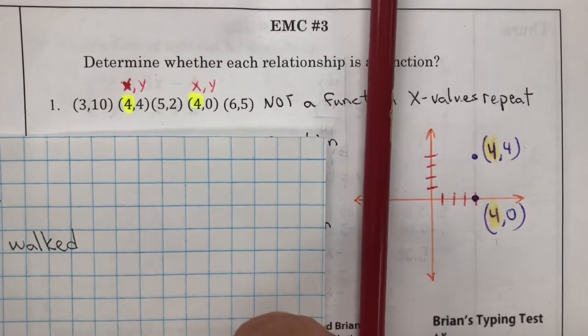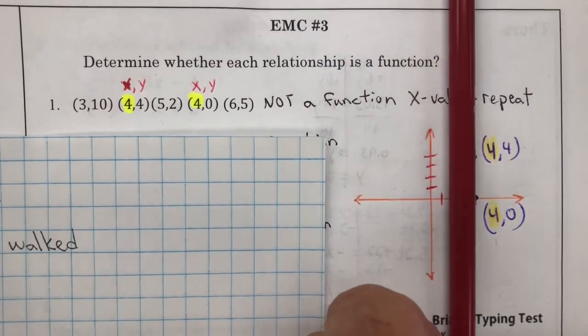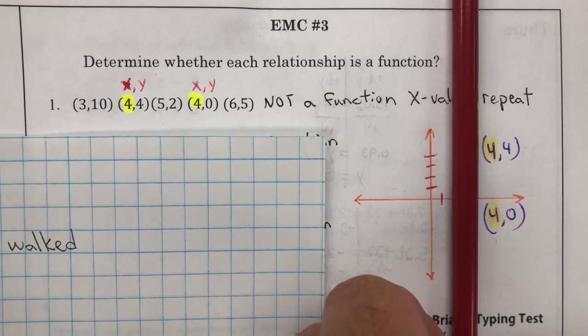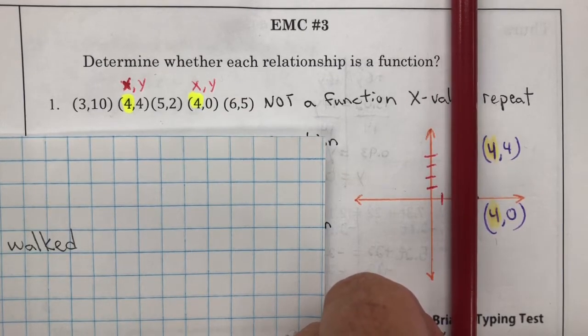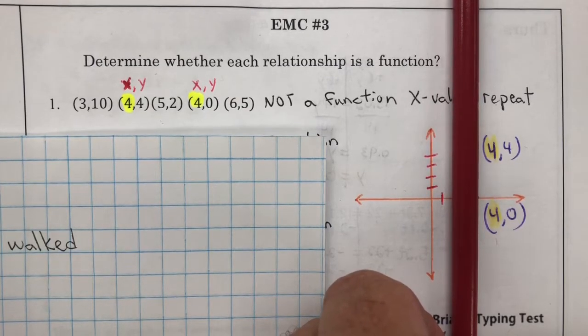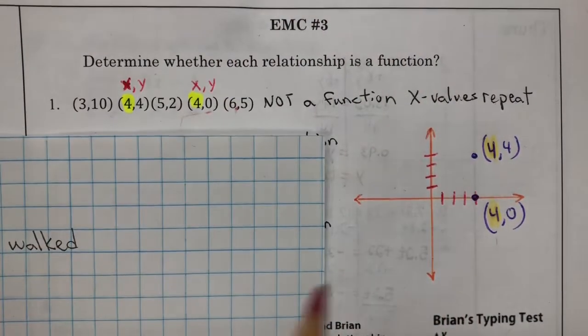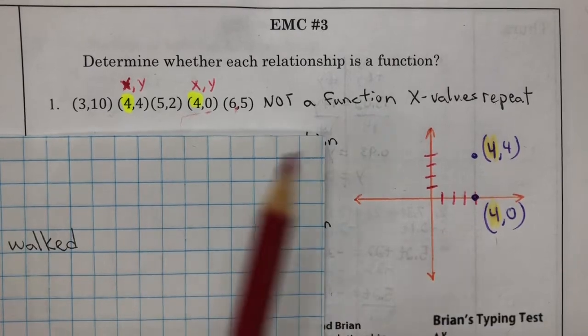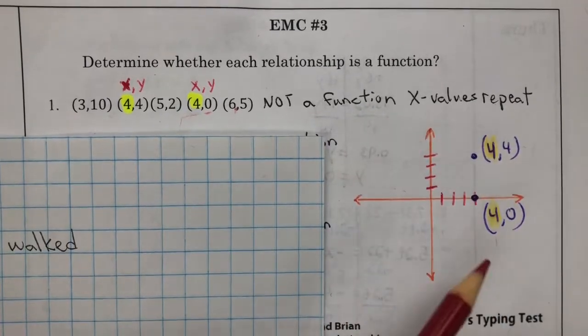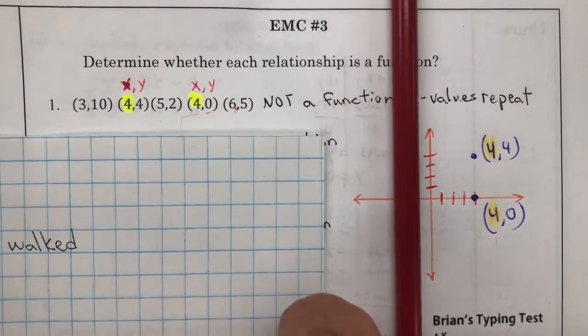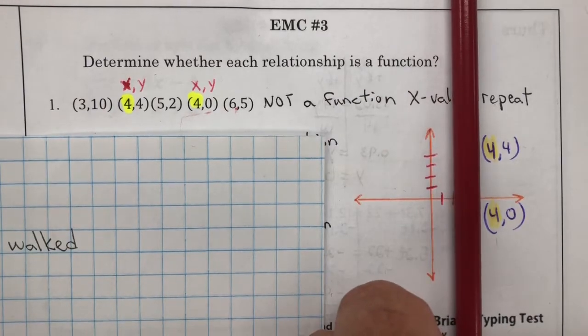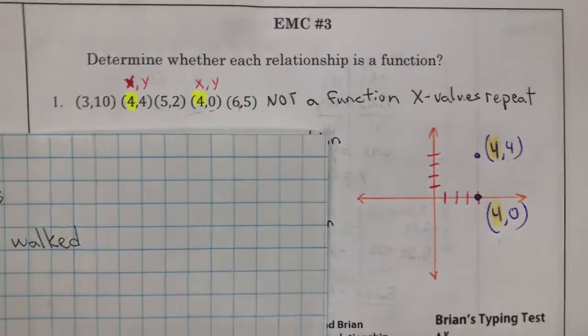So anytime in a graph you see 2 points that line up vertically, they have the same x value, it's not a function. So it's the easiest way to determine that it's not a function by seeing it on a graph, because you can use the vertical line test. You can see here, 4 and 4, not a function.